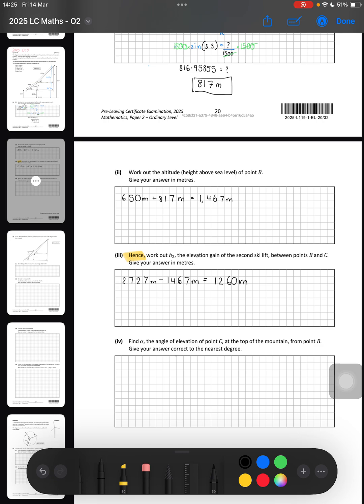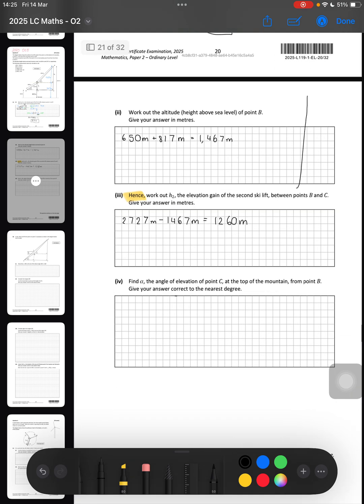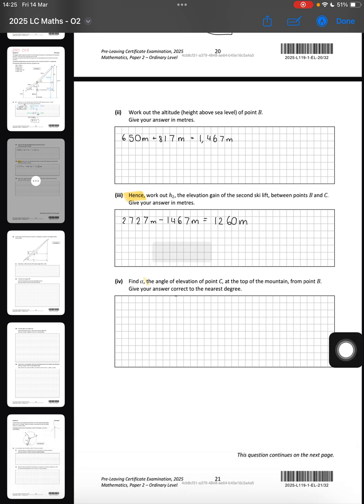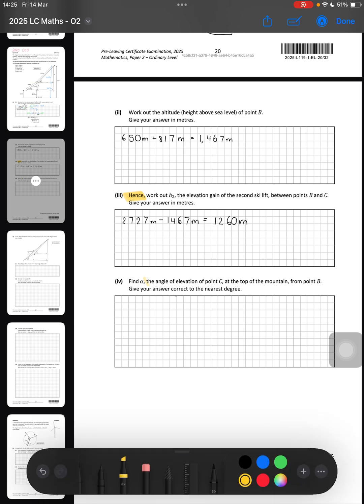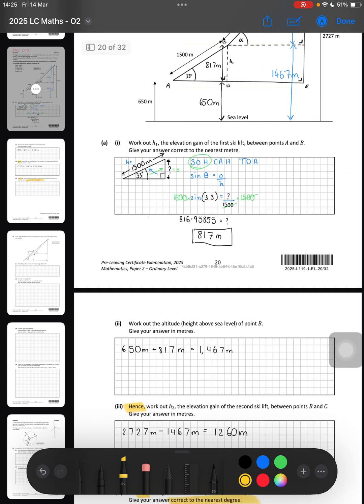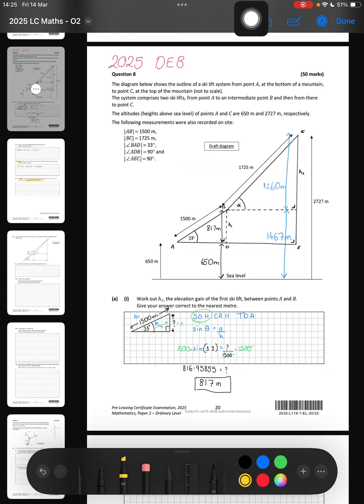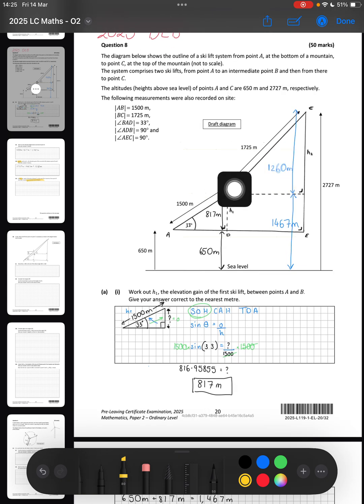So in your diagram, they were very nice to you because you don't actually have to read any of the rest of the question once you see it says find A, alpha, that's shown in your diagram, okay, other than the fact that it says correct to the nearest degree. So in your diagram, there's alpha, okay?